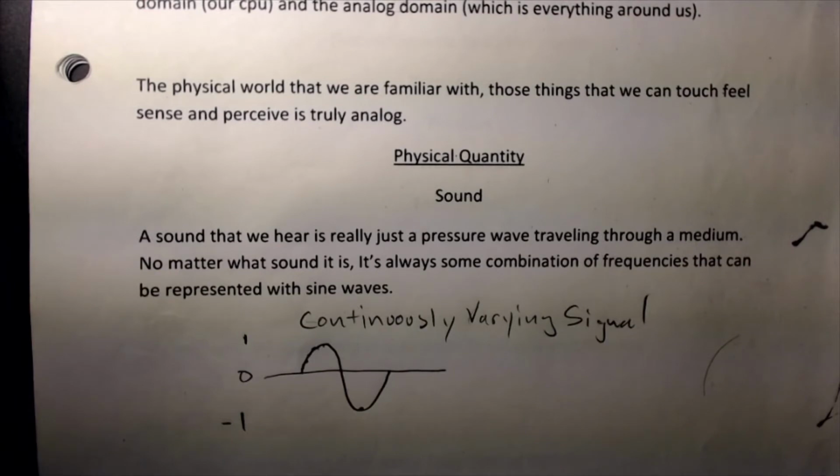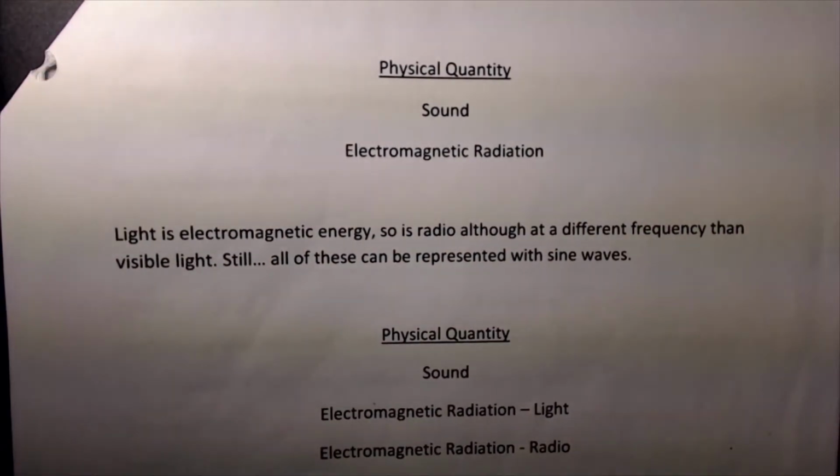So a sound wave is some sinusoidal signal. So our sound waves are analog in nature. Now, other physical quantities of interest that embedded systems generally would like to work with, another one is going to be that of light or electromagnetic radiation.